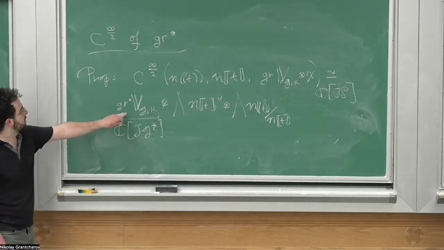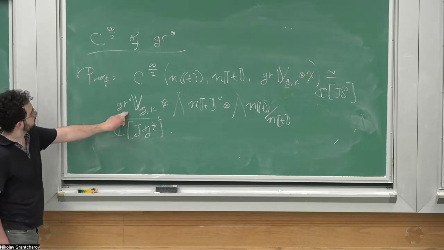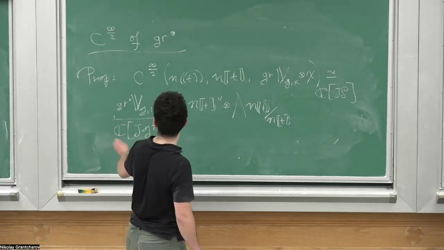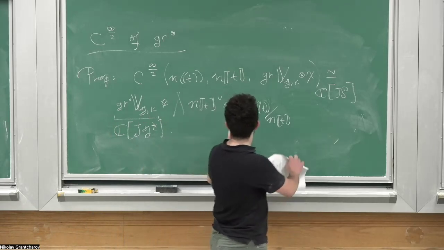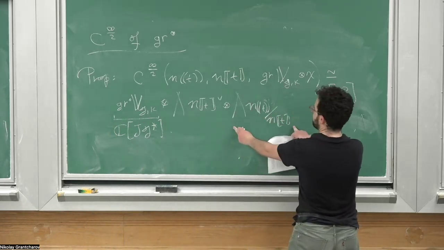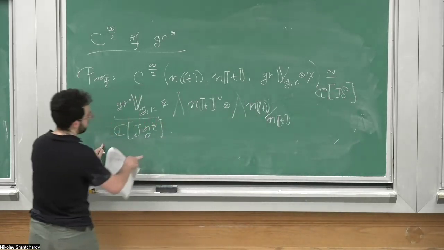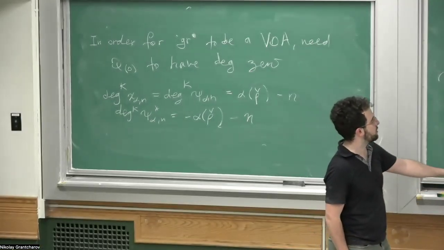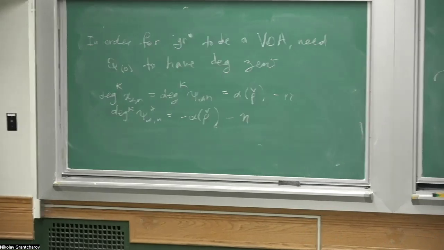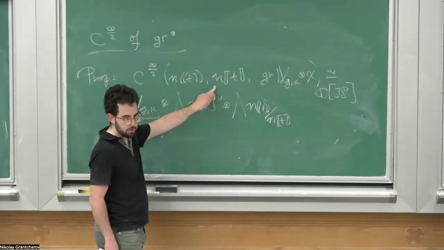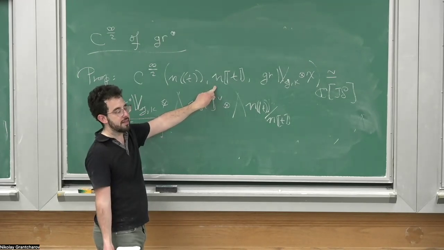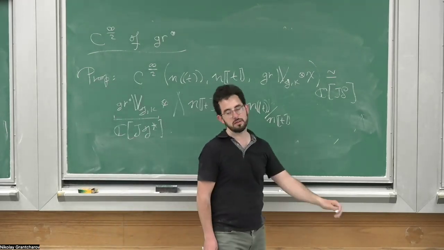This is again because the grading was the PBW filtration. And when we take this resolution, it basically corresponds to restricting to the locus where n star equals chi, with our differential, as we saw in the finite case.